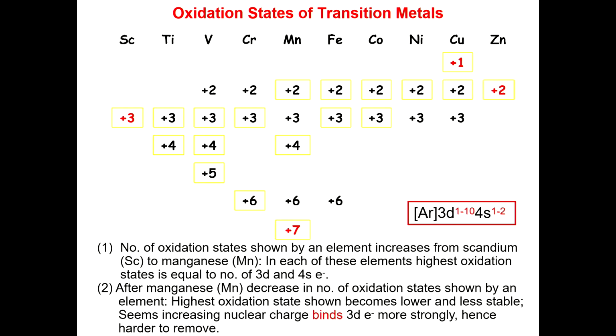This one shows plus one charge, and this one can only show plus 2 charge. But for these, they can show more kinds of charges. For example, for this one, they have more d electrons, so they can show different charges.